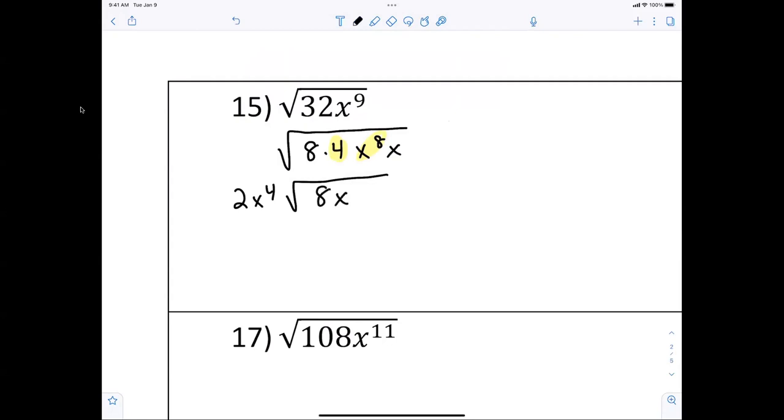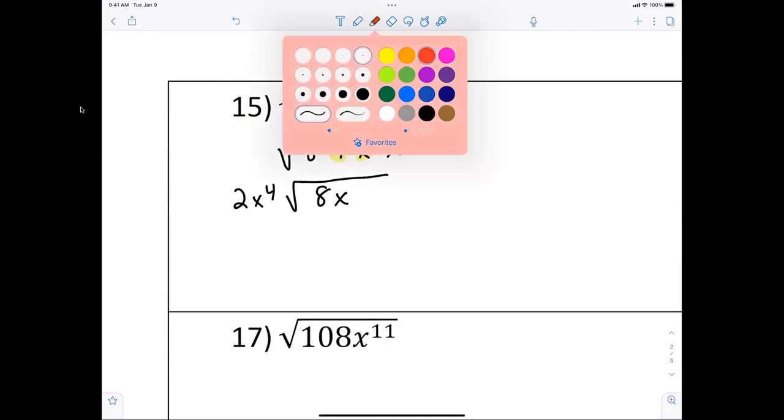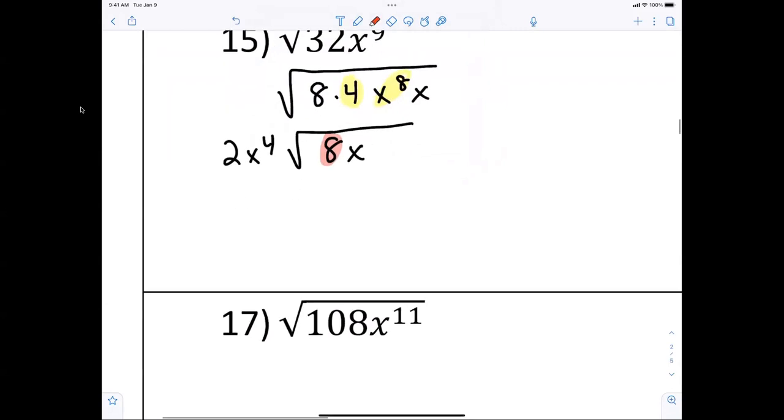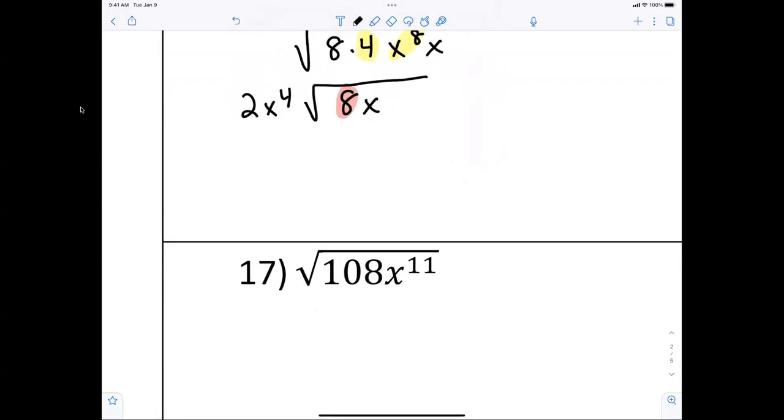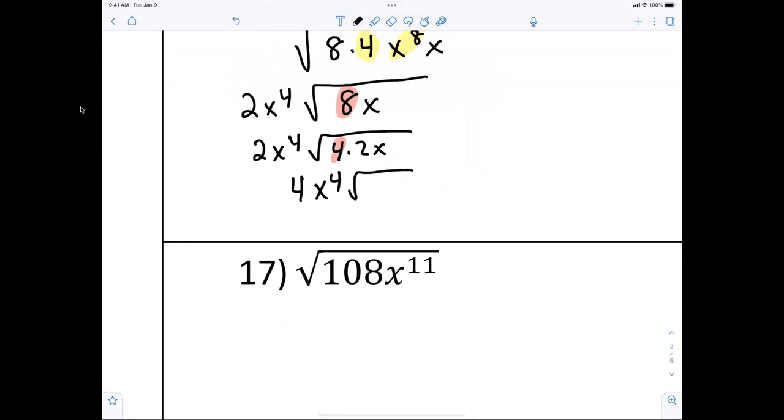Are we finished? No, because 8 can be broken down. Good. Yep. Exactly. All right. That's the long way.